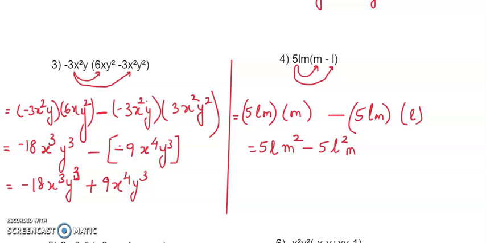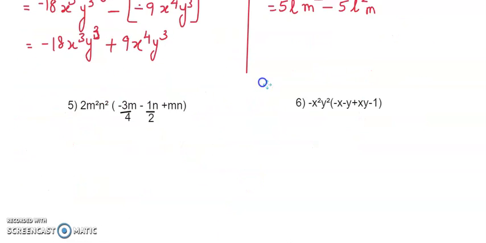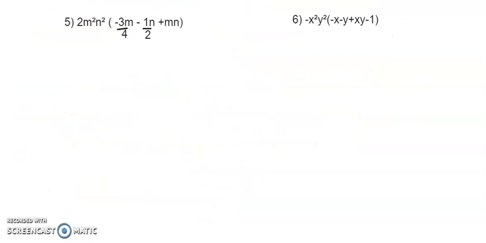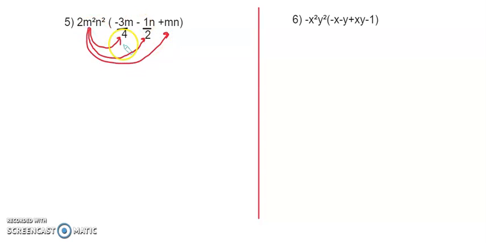Clear? Let's take if we have more than 2 terms in the bracket like this. So it will be multiplied to all of them. What will be multiplied to all of them? The term which is outside. So 2m square n square has to be multiplied to the first, to the second and to the third. So the sign between the first and the second is minus, second and third is plus, right?